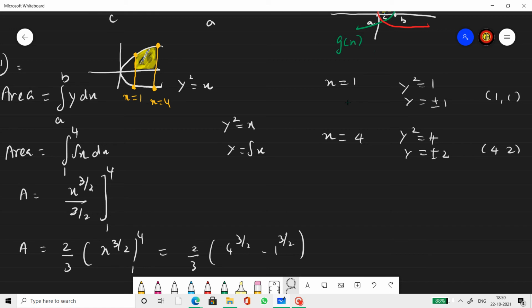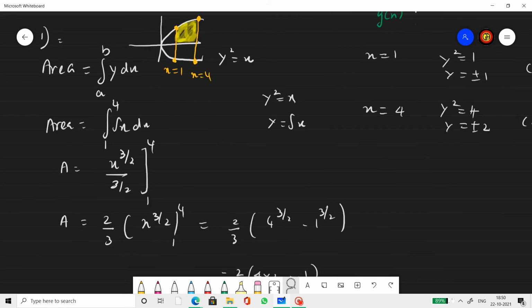Now here it is restricted to the area bounded in the first quadrant alone. So integrate the curve with limits at the points where it cuts the x-axis. It cuts the x-axis at 4 and 1, so you do it for 4 and 1. The formula is the integral from a to b of y dx. y here is root x because y square equals x.